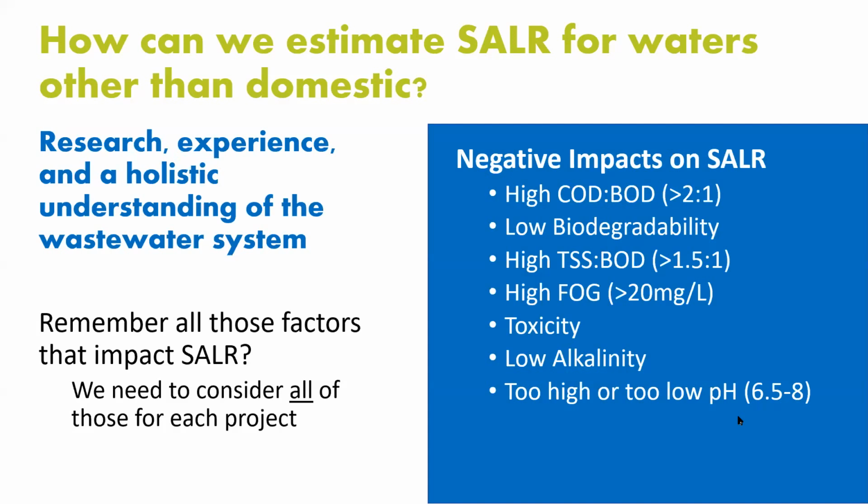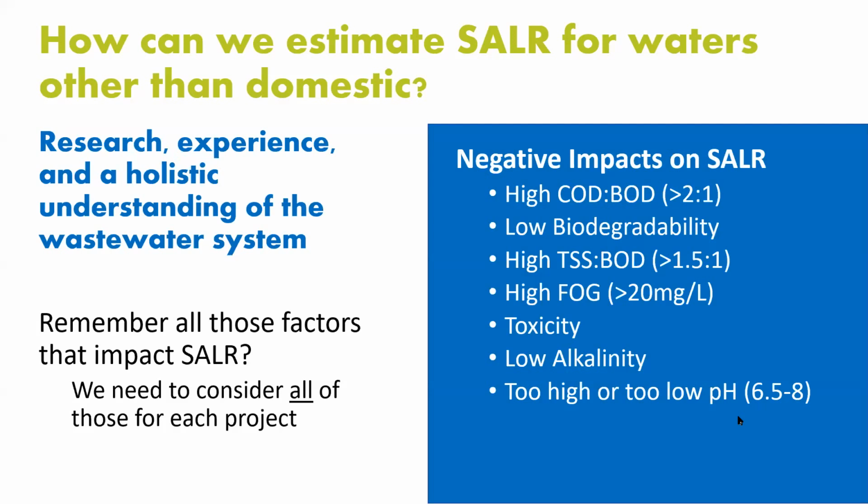High TSS to BOD ratio, anything greater than 1.5, that can start to indicate that the amount of suspended solids you have in your system could start to interfere with the ability for your biology to grow, right? If you have solids that are kind of floating throughout the system, that can impact your growth on your biofilm carriers. High fats, oils, and greases.